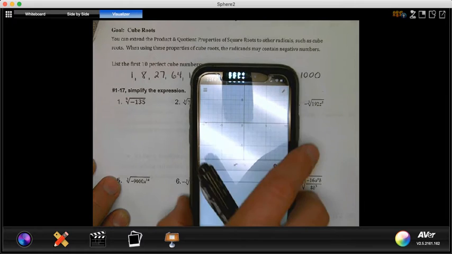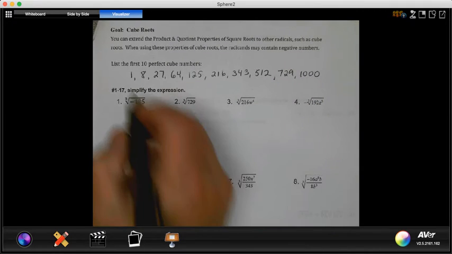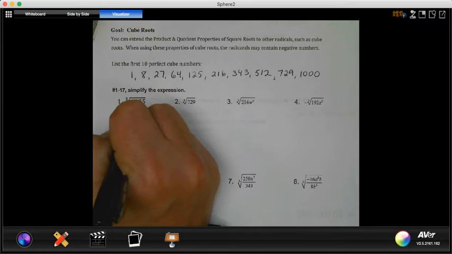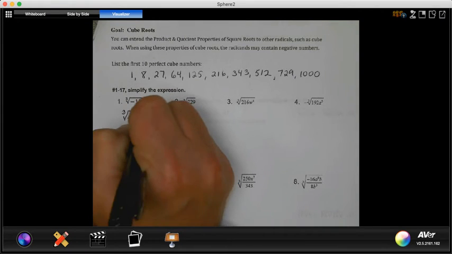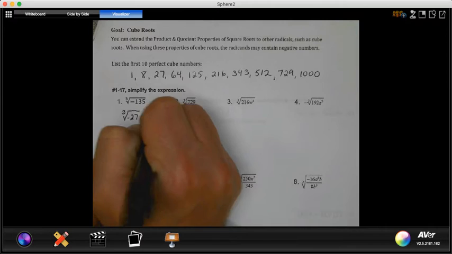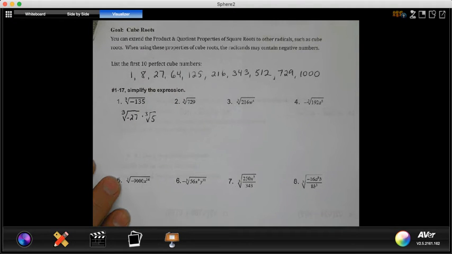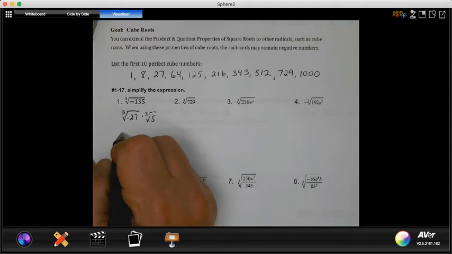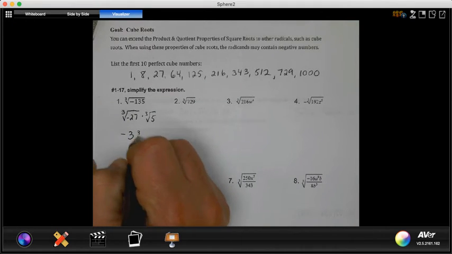So that's going to be my breakdown. I'm going to break it down as the cube root of negative 27 times the cube root of 5. The cube root of 27 is 3, so the cube root of negative 27 is negative 3. So that's negative 3 and then cube root 5.